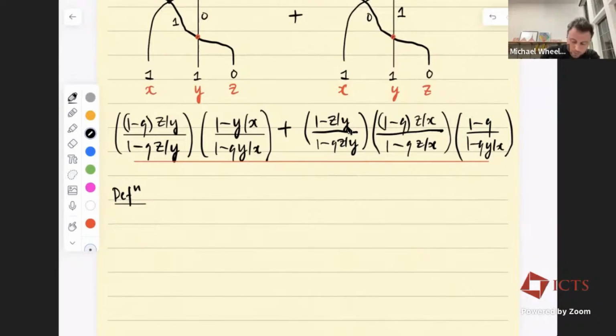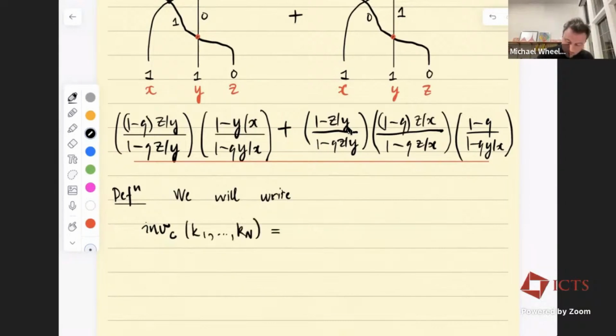Or we will write the following quantity. So inv sub c, which is associated to a vector of length n.